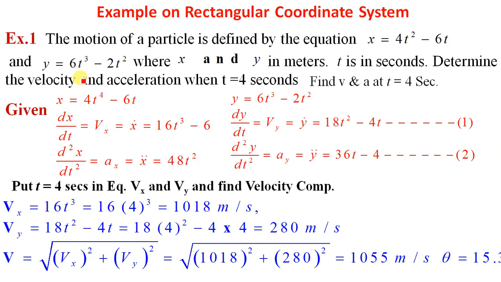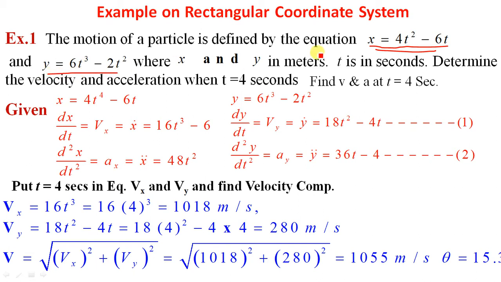Let's begin with the first numerical. When we solve the numerical, your doubts may get clear. Example on rectangular coordinate system. The motion of a particle is defined by the equation x is equal to 4t cube minus 6t and y is equal to 6t cube minus 2t square.